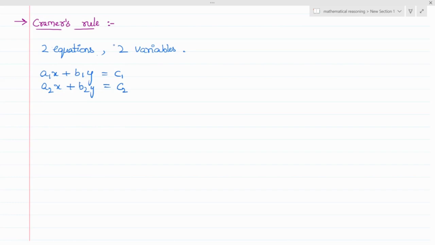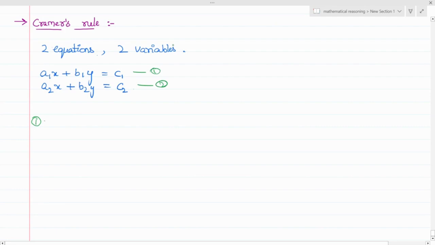So first, to eliminate y, we will multiply the y coefficients. So the first equation, this is the second equation.